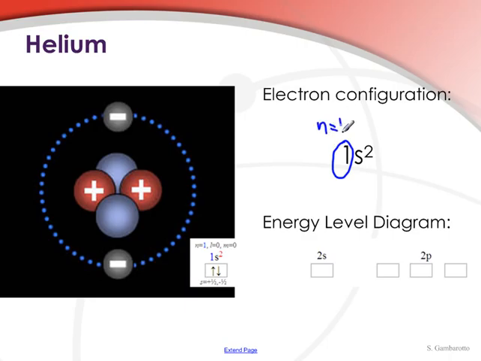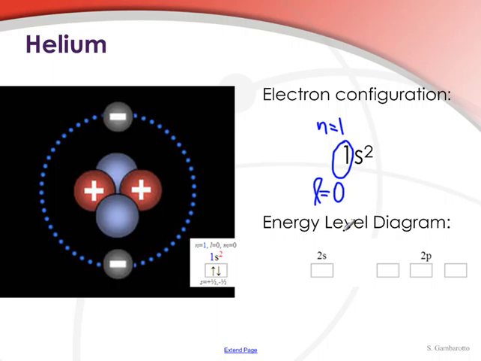Because N equals 1, we have to have an L value of 0. This is what we did yesterday. If L value is 0, we know we have an S orbital. So that's where we get the S from. And the 2 again denotes that there are 2 electrons in that orbital. So our electron configuration for helium is just 1s2.